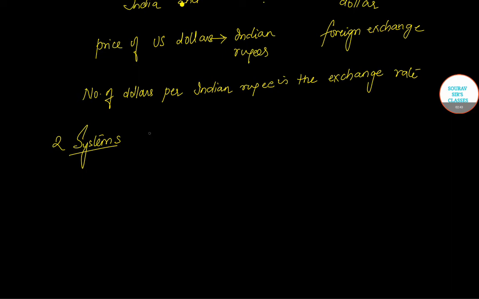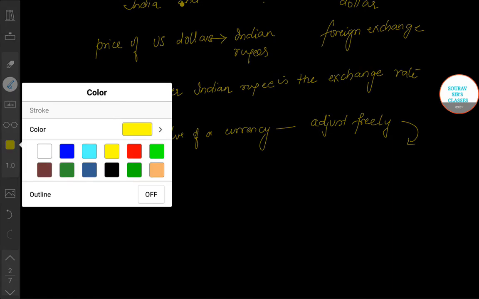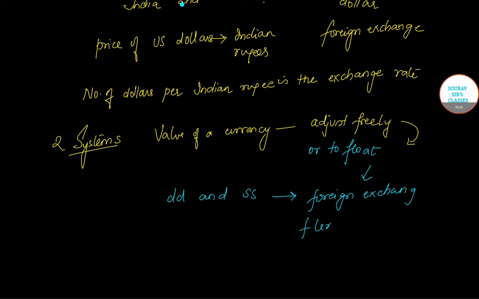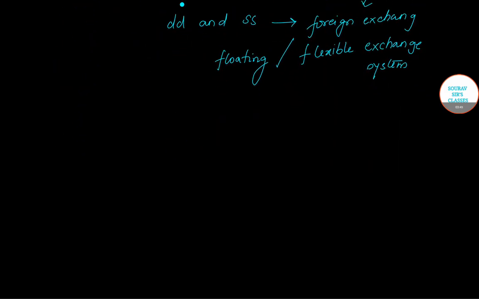So the system of exchange rate in which the value of a currency is allowed to adjust freely, or you can even say, because this word will be used later, or to float, as determined by the demand and supply of foreign exchange, is termed as the flexible exchange system, and sometimes it is also termed as floating exchange system.